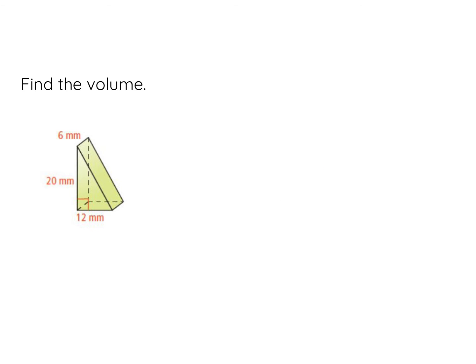All right, next example, we have finding the volume of this prism. Again, here's our base, it's a triangle, and then the height, connecting base to base, that's that 6. Okay, so volume for this is just big B times H. Big B is the area of the base.